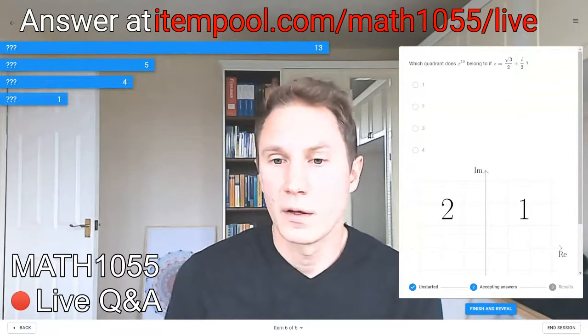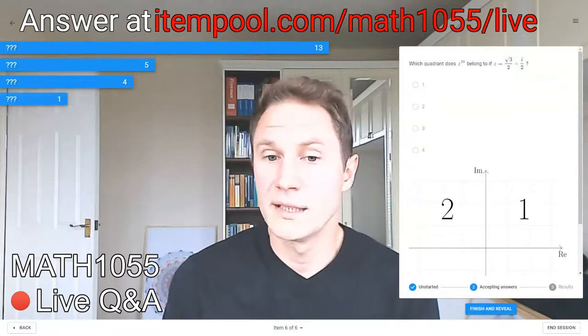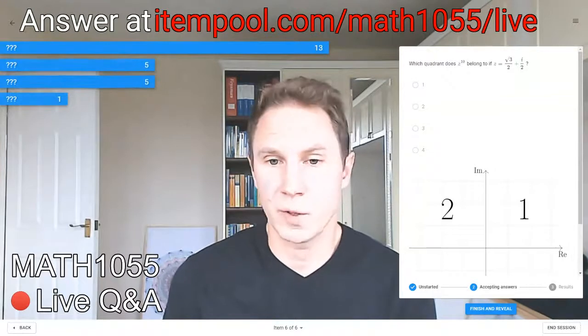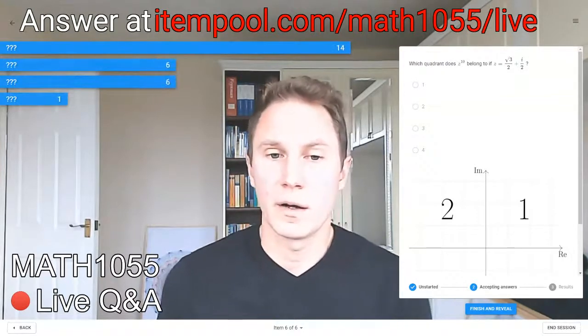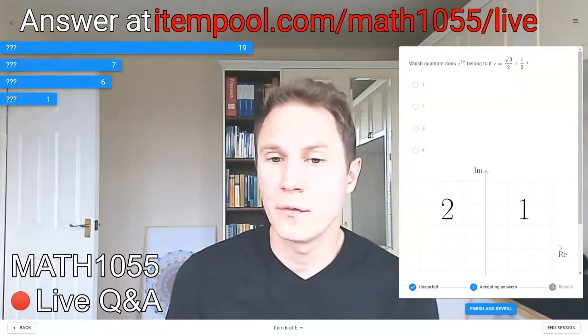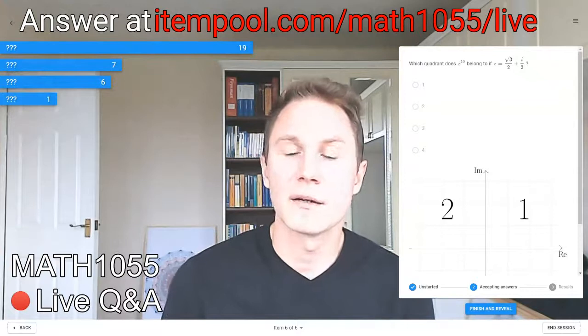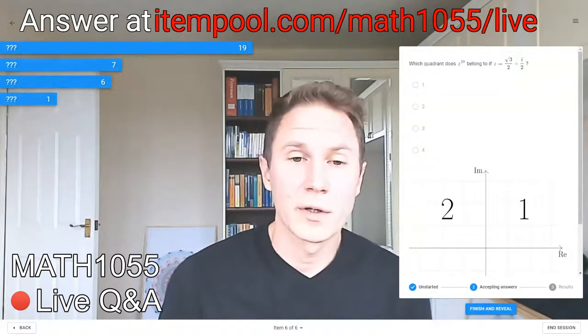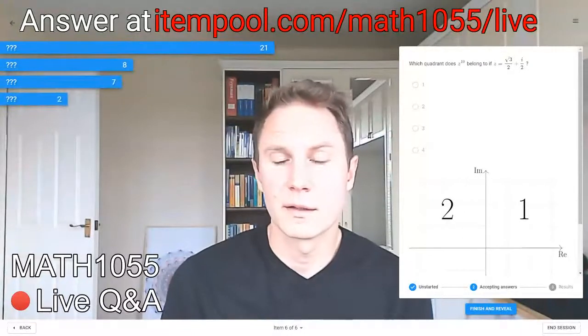So if you have an angle between 0 and pi over 2, so 0 and 90 degrees, you would be in the first quadrant. If you have an angle between pi over 2 and pi, you are in the second quadrant. If the argument of the complex number z to the power 10 is between minus pi over 2 and 0, then it means you are in the fourth quadrant.